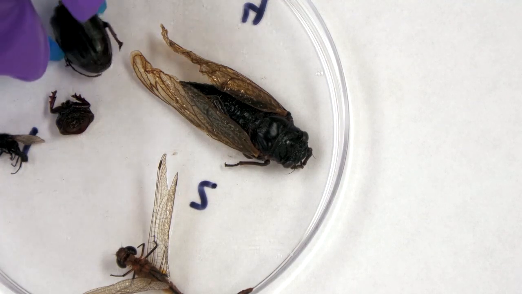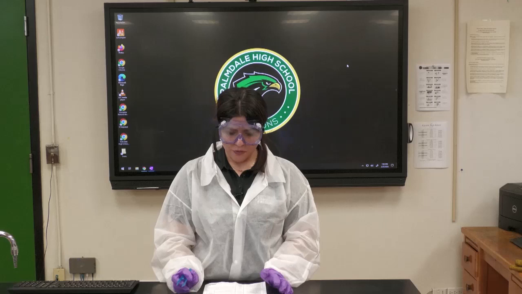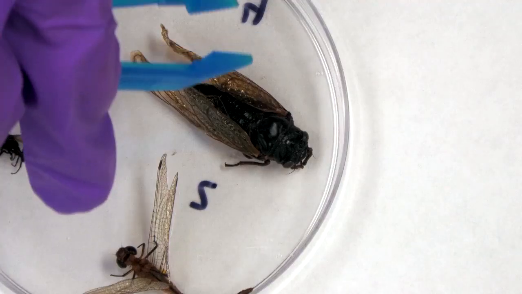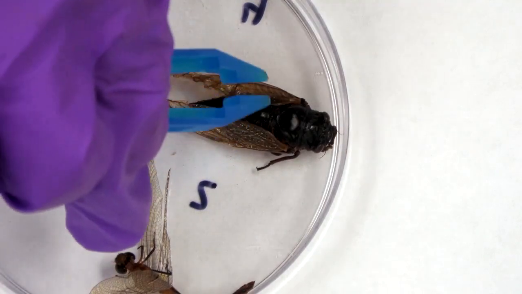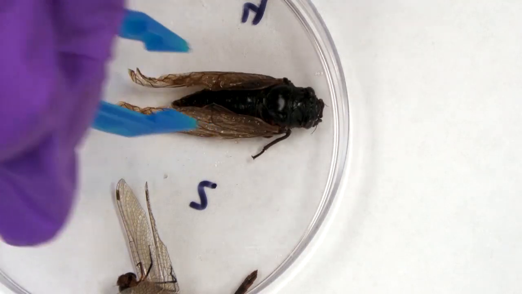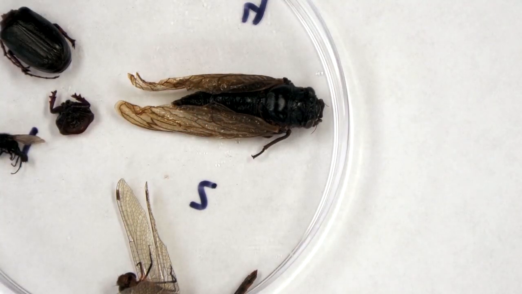Okay, so now for our very last one, we have organism number 4. Got a nice juicy guy, a couple pairs of wings. So using the top of the chart, we will say it has wings, go to 2.